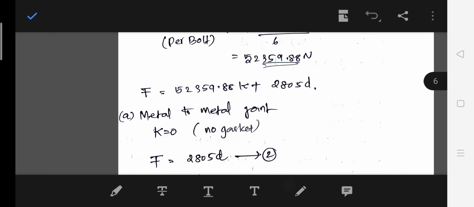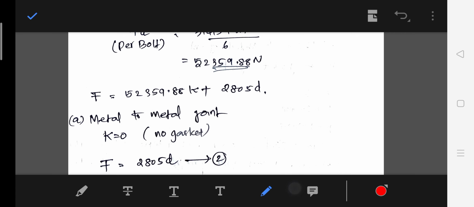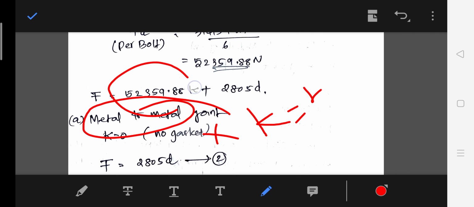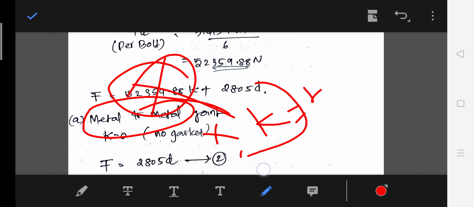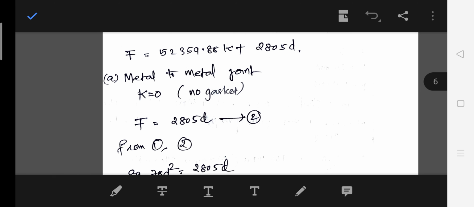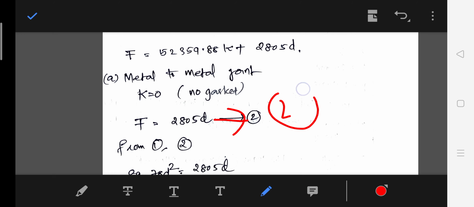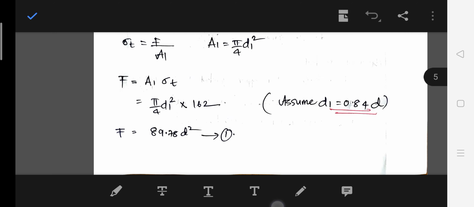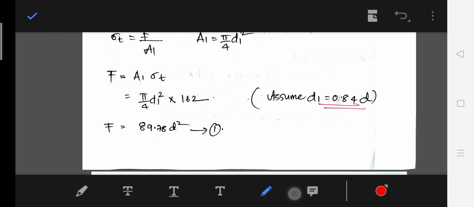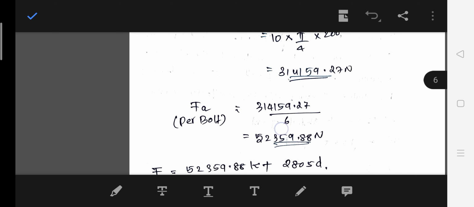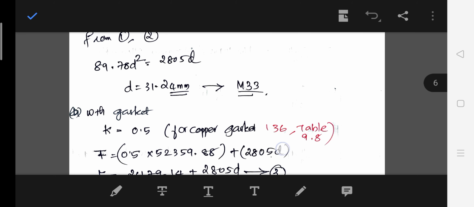Okay, the first sub-question is the metal to metal joint. That means there is no gasket, therefore K is 0. If the value of K is 0, then this term will be 0, and F will be converted into a very simple term, 2805 d. So this is equation number 2, and we have equation number 1. Just equate 1 and 2 and calculate the value of d.